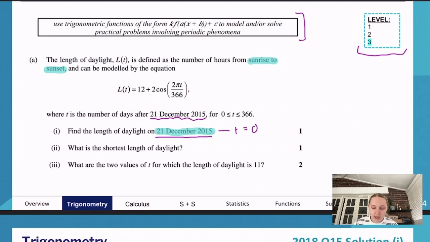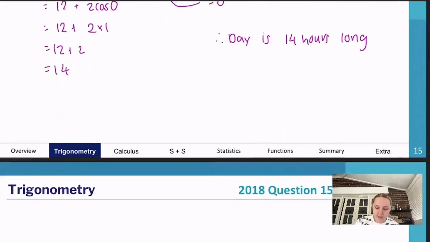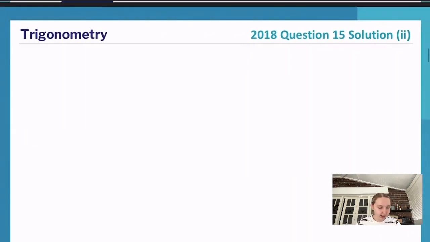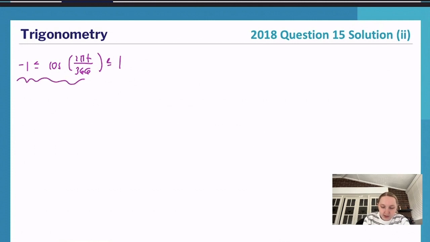But let me erase that. Because we do have 2, we need to be thinking about how that's going to impact our amplitude, right? So if we just had this without the 2, this is how we would be looking at finding the shortest length of daylight, because our shortest length of daylight is going to happen at the lowest point on our graph, right? So if we didn't have that 2, this is what we would be looking at.